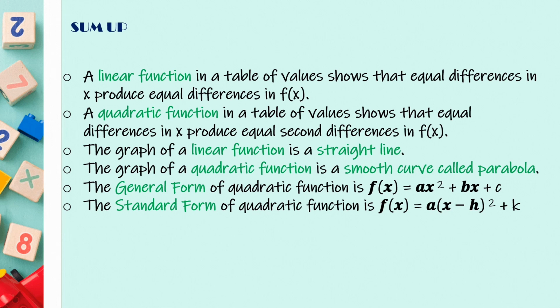The graph of a linear function is a straight line, while the graph of a quadratic function is a smooth curve called parabola. The general form of quadratic function is f(x) = ax^2 + bx + c. The standard form of quadratic function is f(x) = a(x - h)^2 + k.